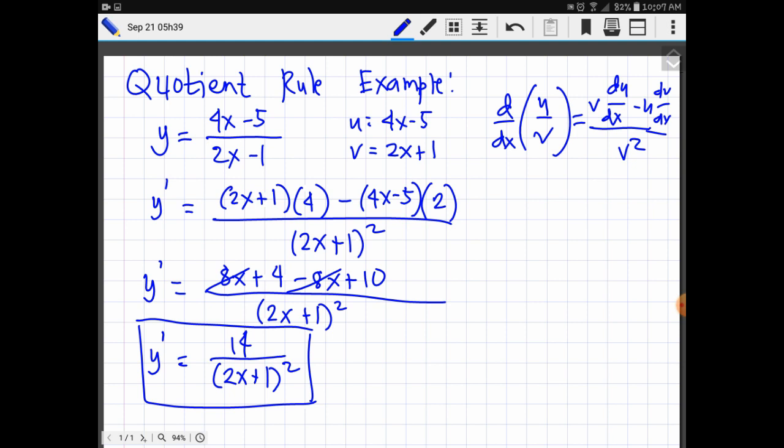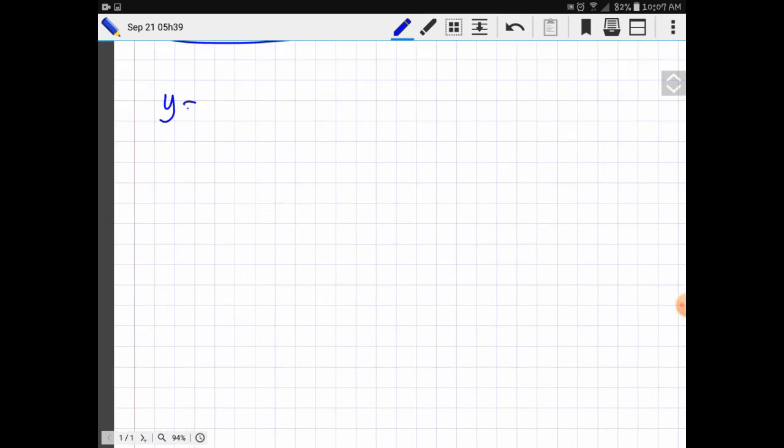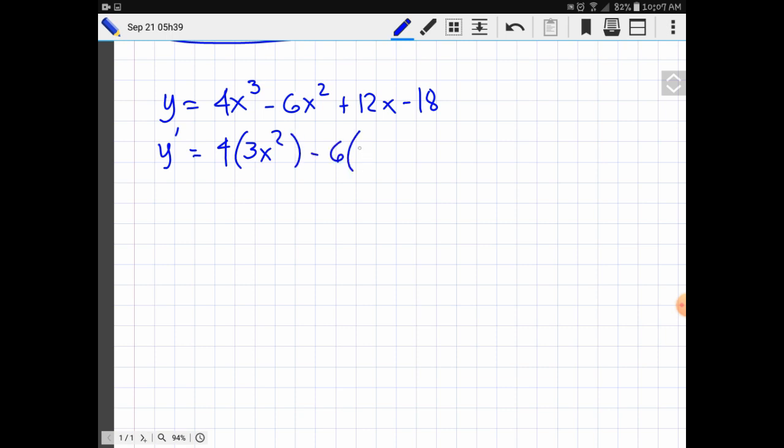Next example, if we have y is equals to 4x cubed minus 6x squared plus 12x minus 18. So that would be y prime is equals to 4 multiplied by 3x squared minus 6 multiplied by 2x plus 12.